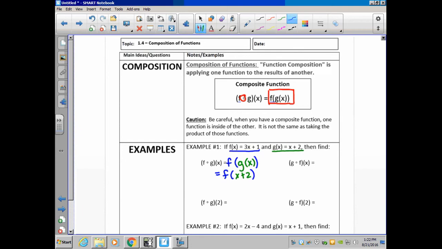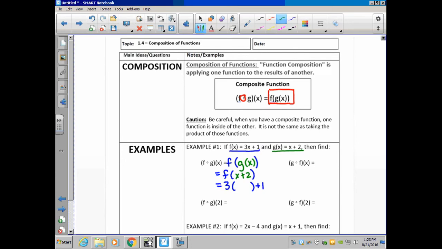Now, all the function notation is, it's like a machine. Whatever you put inside of those parentheses, that is what goes inside of, or replaces, I should say, the x in the f function. So I'm going to replace the x. So in the f function, it's 3 times x. So I'm just going to leave that parentheses open for now.